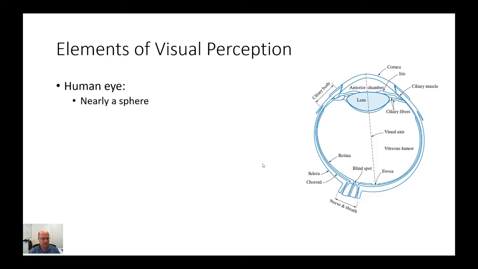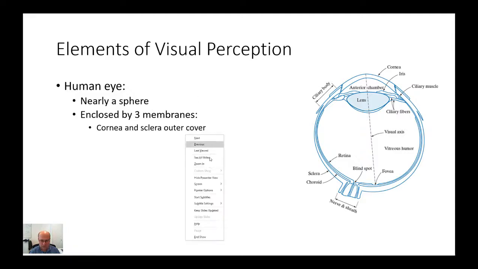The human eye is nearly a sphere. It is enclosed by 3 membranes: the cornea and the sclera outer cover. This is the sclera. The cornea is here. Let me change here to a pointer. All right, this is the sclera, and this is the cornea.